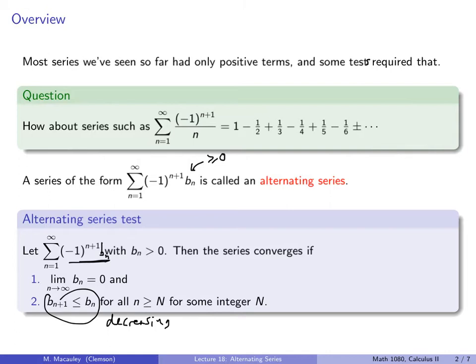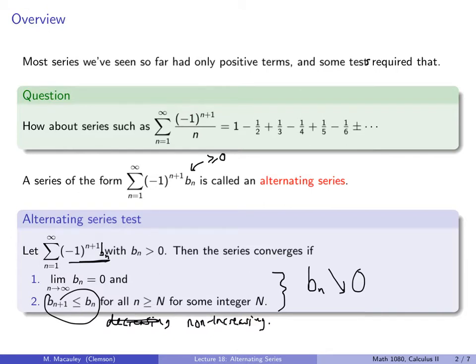Actually, I shouldn't say decreasing because several of these could be the same, so let me say better, non-increasing. Sometimes we can summarize these two things and just say b_n decreases to 0. That's the shortest way to write both of these.